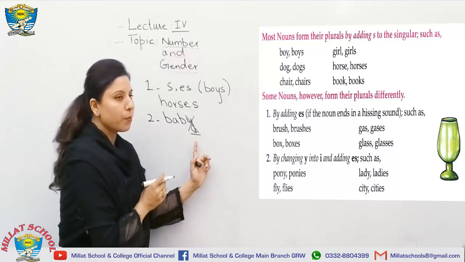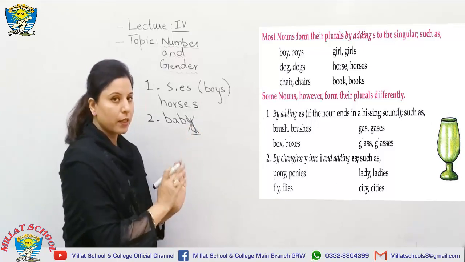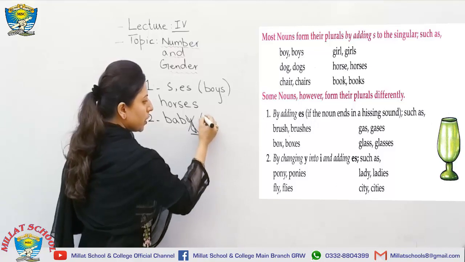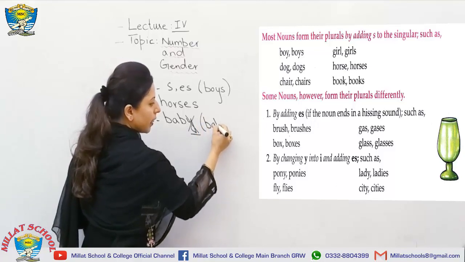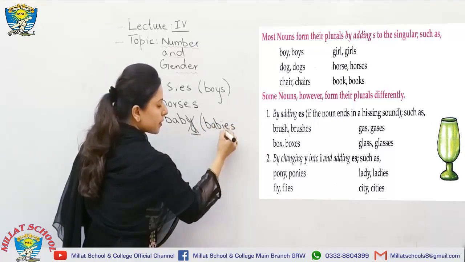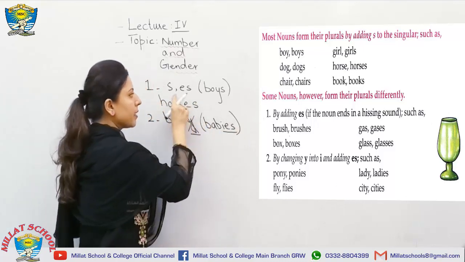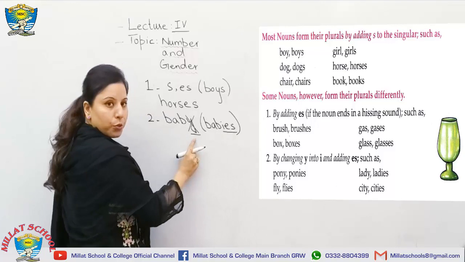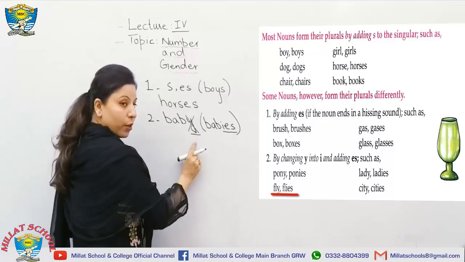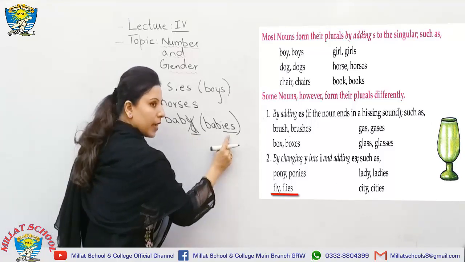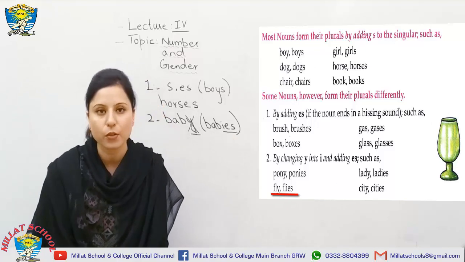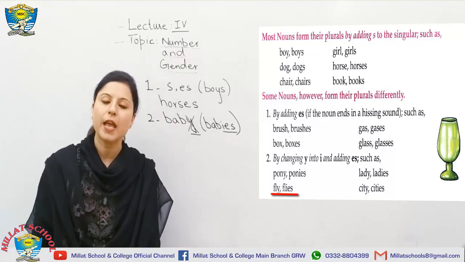We are going to remove this Y because in the plural form you need to write I-E-S. Instead of Y, you need to write I-E-S. This is the second rule of writing the plural form of any word.